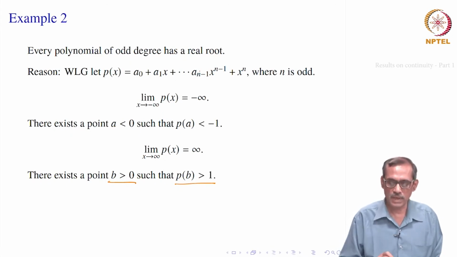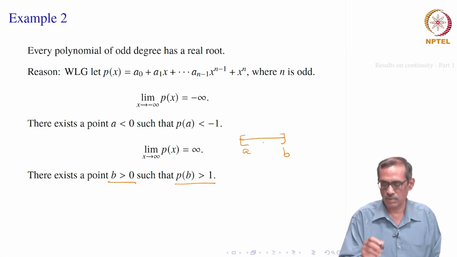So, now p of x is a continuous function. We can just restrict it to our domain a b instead of taking the whole real line. Now, there the function f of x equal to p of x, this polynomial, and we see p of a is some number less than minus 1, p of b is some number bigger than 1.